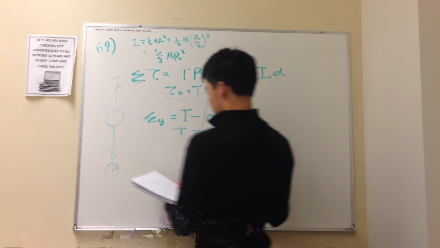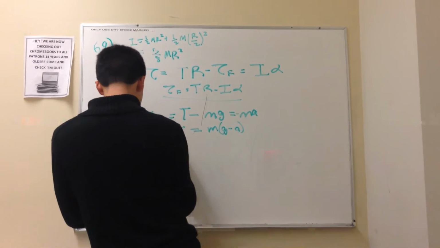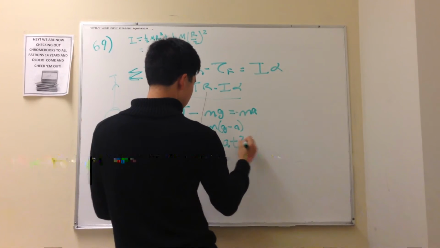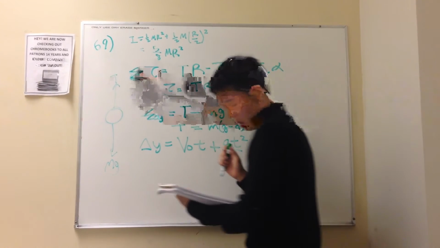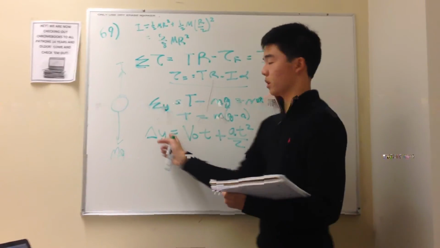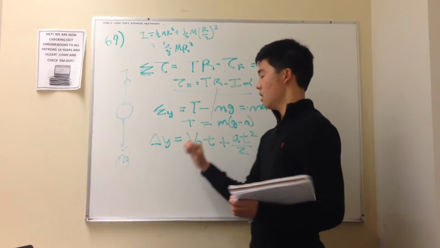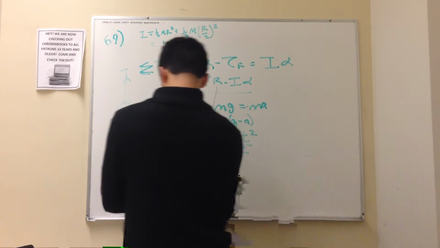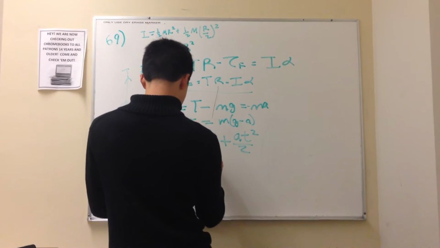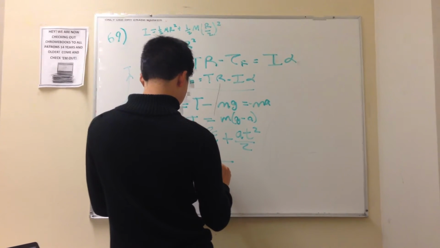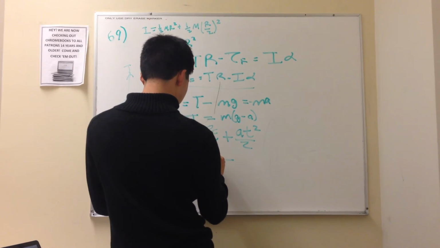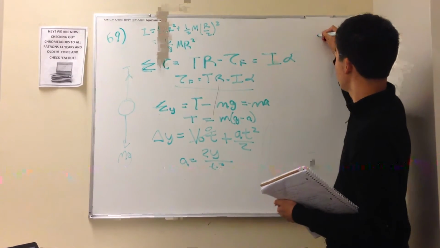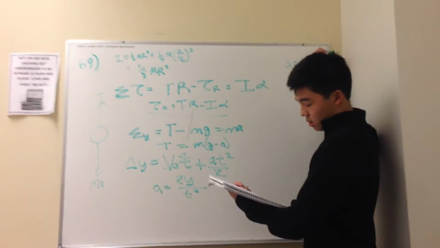So the kinematic equation is y equals v initial t plus 1/2 a t squared. We're applying this to our hanging mass, so v initial is 0, and that goes away. Then we solve for a, which is 2y over t squared.